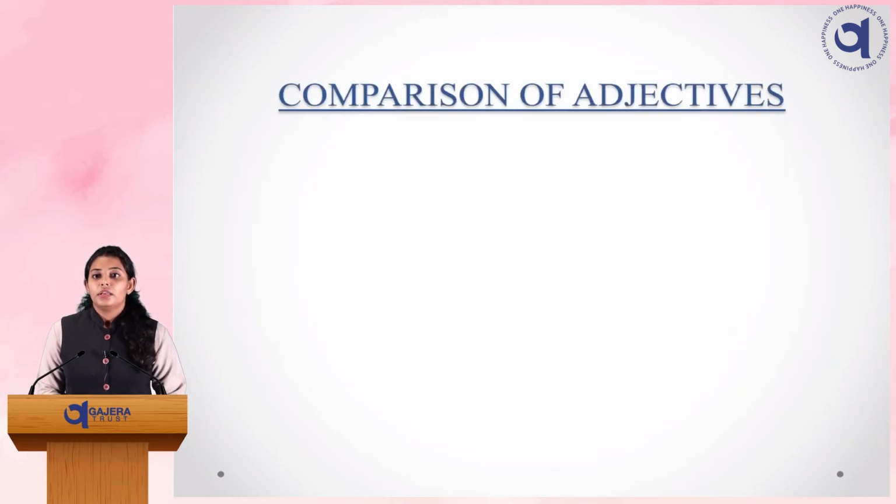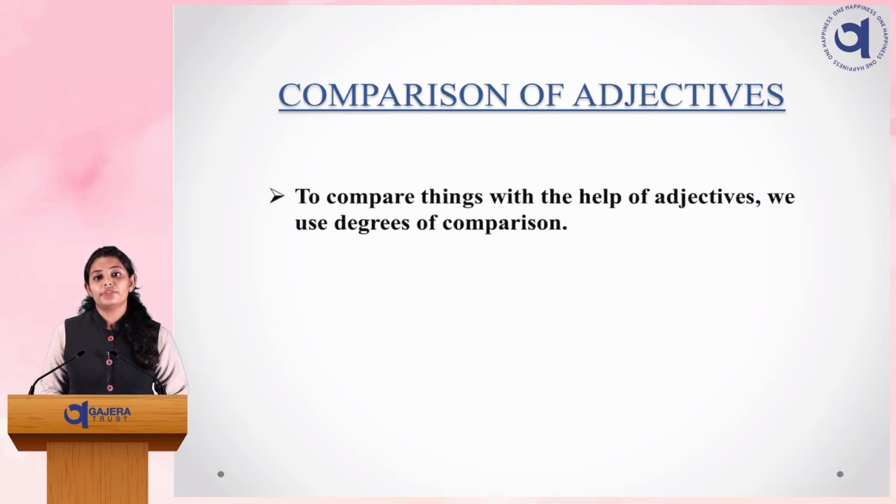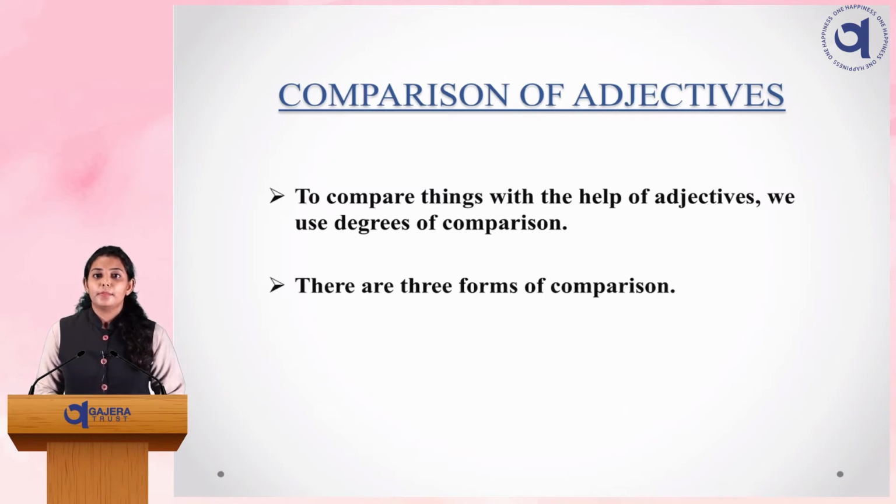Now here comes comparison of adjectives. To compare things with the help of adjectives, we use degrees of comparison. To compare things with each other, we use the degrees of comparison. Here there are three forms of comparison.